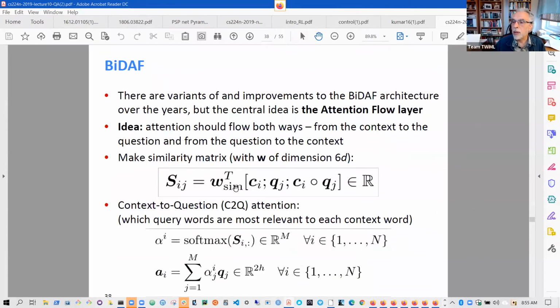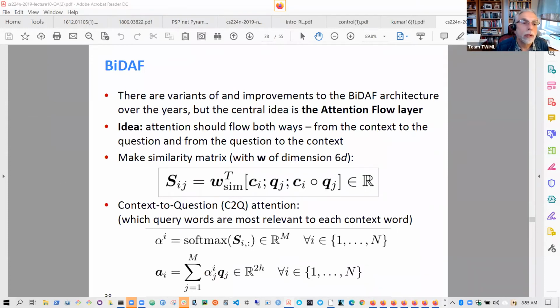So the similarity matrix is actually learned. You have to learn these weights, okay? You're basically finding this weight vector that dot products into this vector to give you the elements of the similarity matrix.